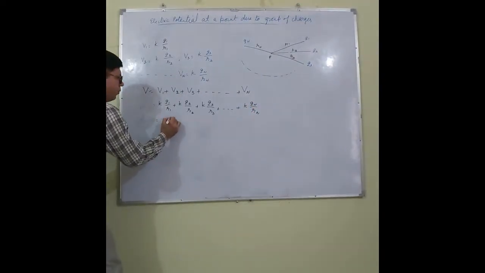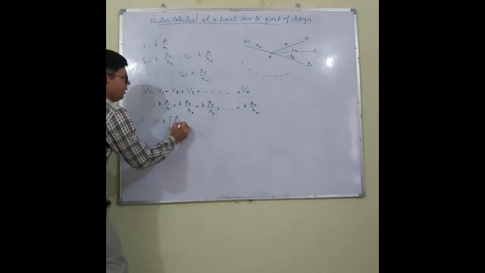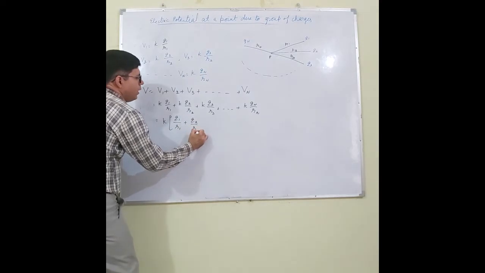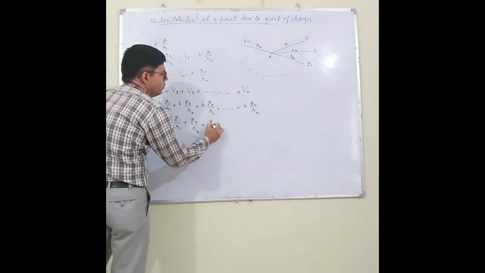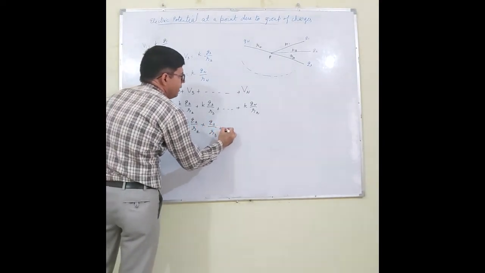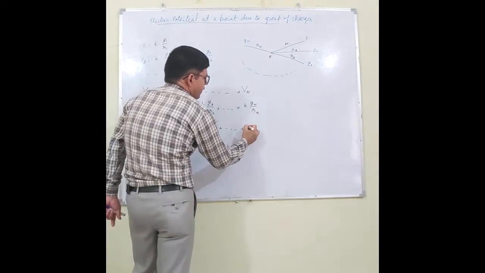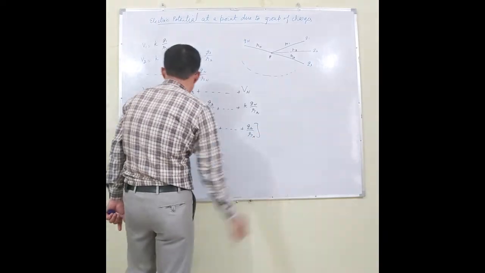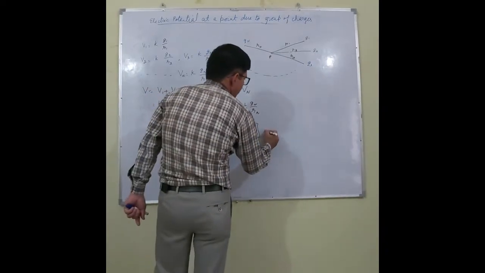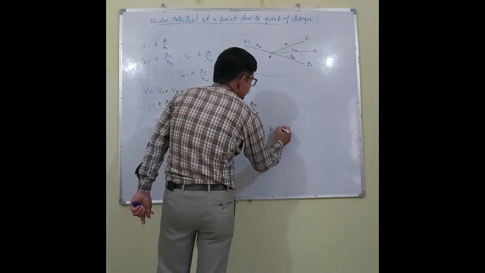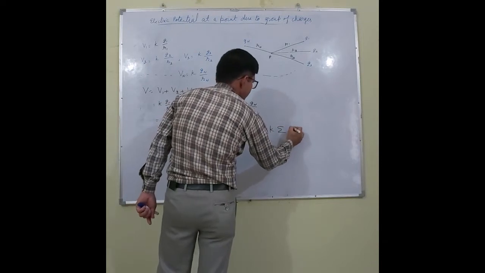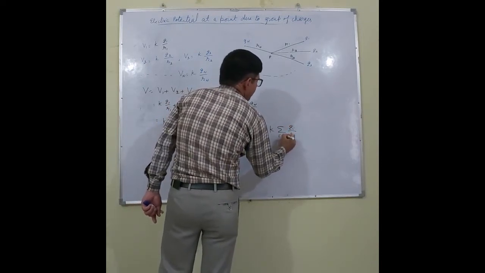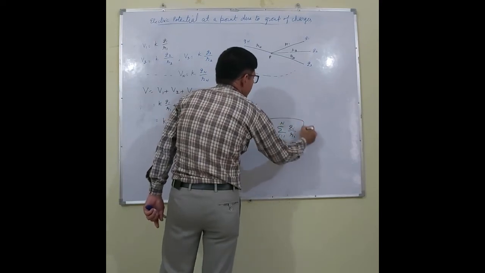Taking K common: K times Q1 upon R1 plus Q2 upon R2 plus Q3 upon R3 plus Qn upon Rn. If you calculate this, use the summation sigma notation: the sum of Qi by Ri, where i varies from 1 to n.